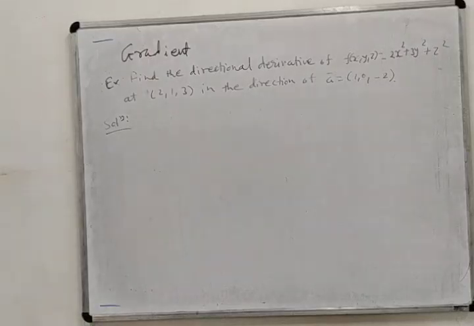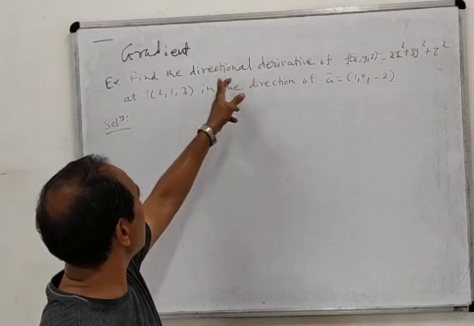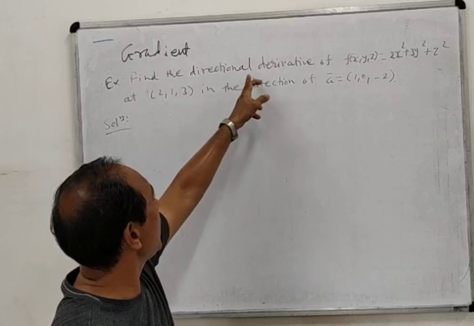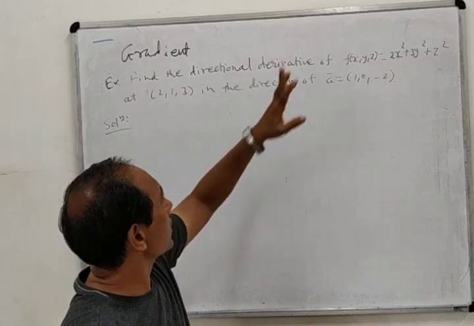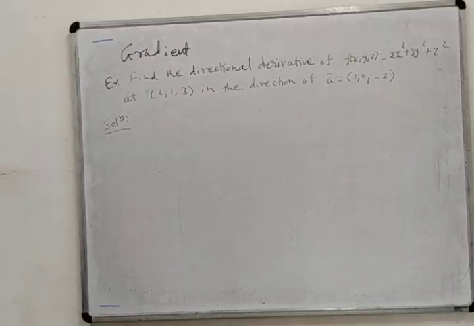So again, here you read the question carefully, then decide what is to be done. If you read the question, we find that we have to obtain the directional derivative. As we have seen in the previous example, we first require to find its gradient, then the unit vector of the direction.